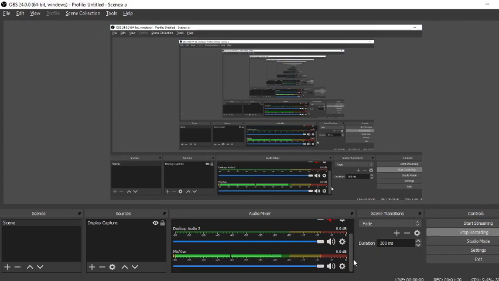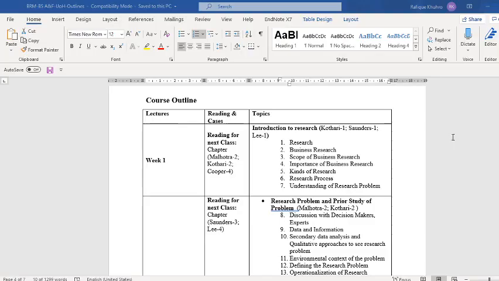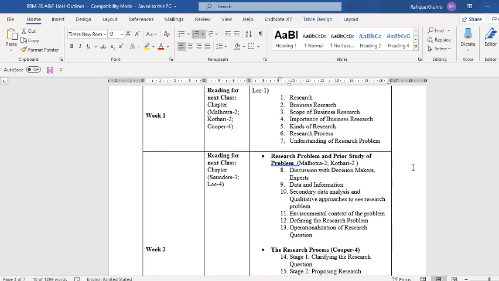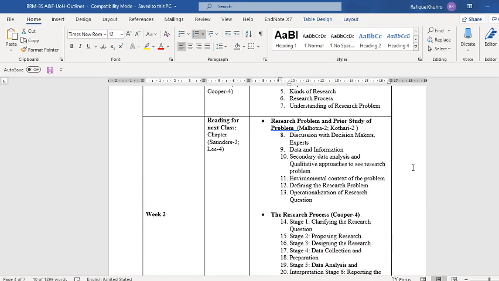As you all know, previously you have covered week 1, which is related to what is research, business research, and all these topics. The week 2 outline was already given to you in the class.